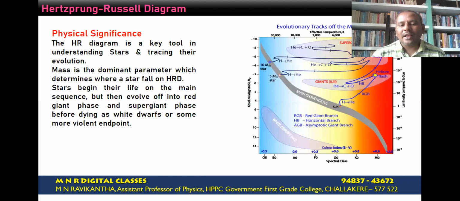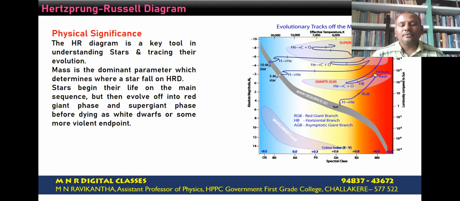Now, let us look at the evolution of stars with different masses. A star like the sun evolves into a red giant, then goes to the horizontal branch, then enters the supergiant stage, the asymptotic giant branch, and eventually ends up as a white dwarf.